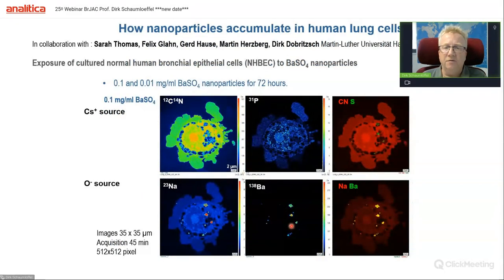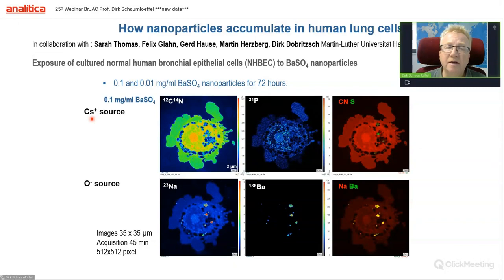The first project was the question of how nanoparticles accumulate in human lung cells. It was a collaboration with a university in Germany with toxicologists and microbiologists. Human lung cells were exposed to barium sulfate nanoparticles for 72 hours. And here's an example for the 0.2 milligram per milliliter barium sulfate exposure.